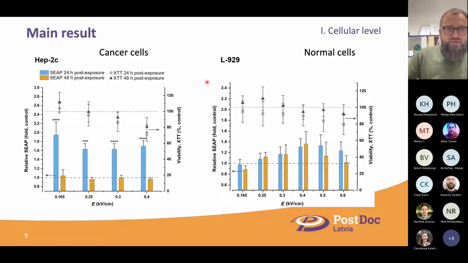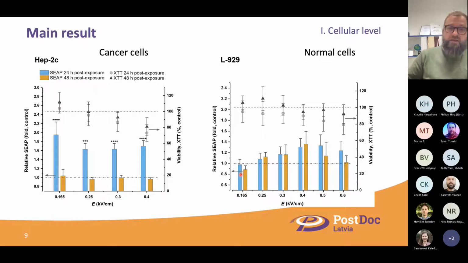It was quite interesting that we worked with, I think, 6 different kinds of cells, and we saw quite a big difference between cancer cells and normal cells. As you can see here, the expression rate was two times bigger compared with the control. But if you look at the normal cells, there is almost nothing in the expression rate.